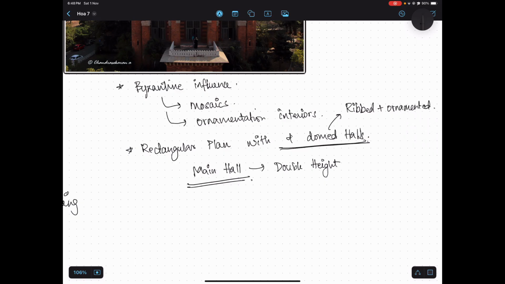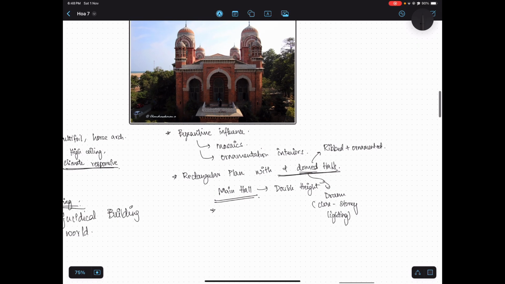And in the drum of the domes, clerestory lighting has been used. So that is Senate House.